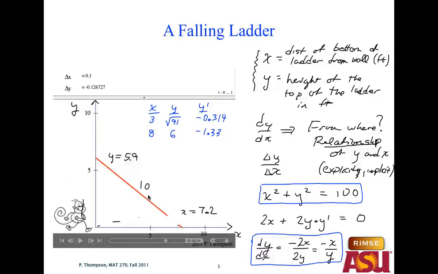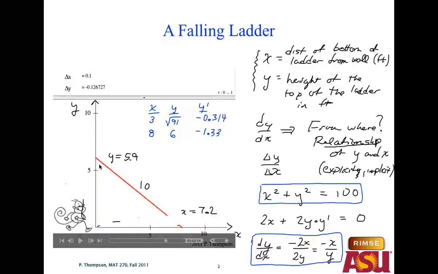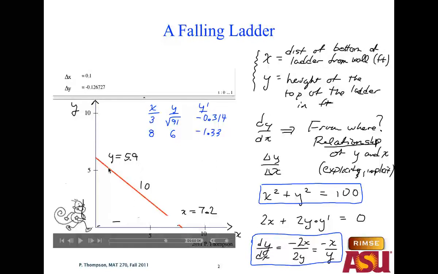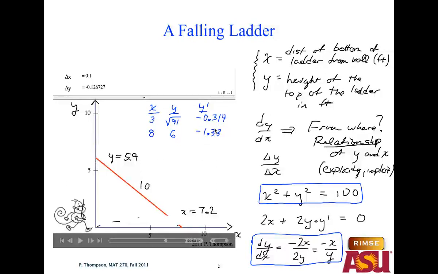So y changes more or less than x? Right, a third more. It's about 1/3 more than x changed. See that? Well said. She said, as x changes a little bit, y is going to change negative 1.33 as much as x, or it's going to go down about 1/3 more than x changed.